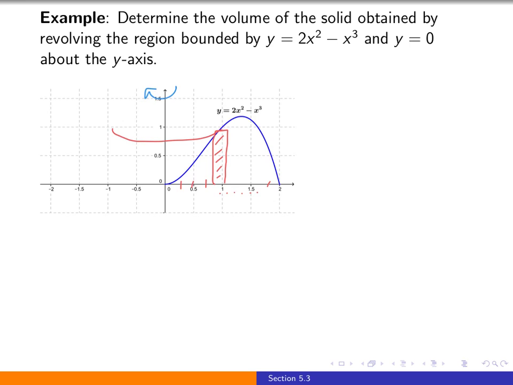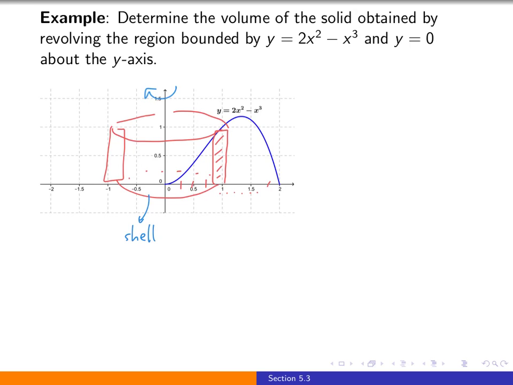And when we rotate this around the y-axis, what we are going to do is create what we call a shell. And the idea is that if we can determine what the volume of one of these small little shells should be, then we can add up all of the volumes to approximate the total volume, and the integral over them will end up giving us the total volume.